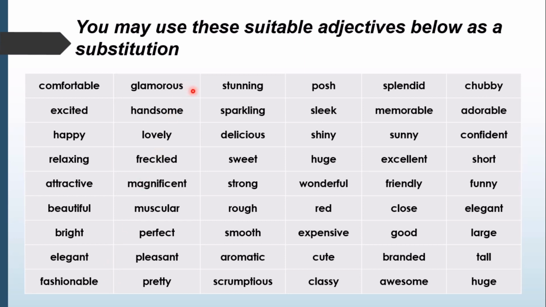A person can be glamorous, it can be a handsome guy, a lovely person, magnificent, a strong person, sweet, delicious food, and then you have shiny, huge, wonderful, sunny, friendly, close, good, branded, cute, classy, scrumptious, awesome, pretty.